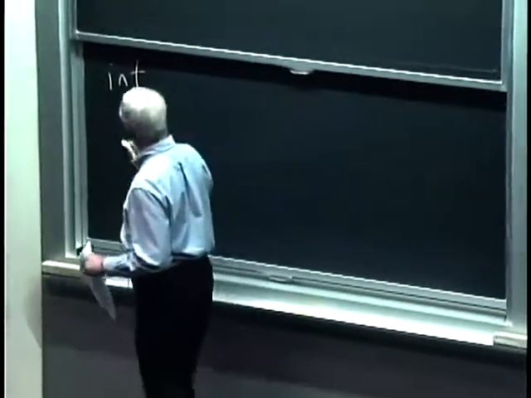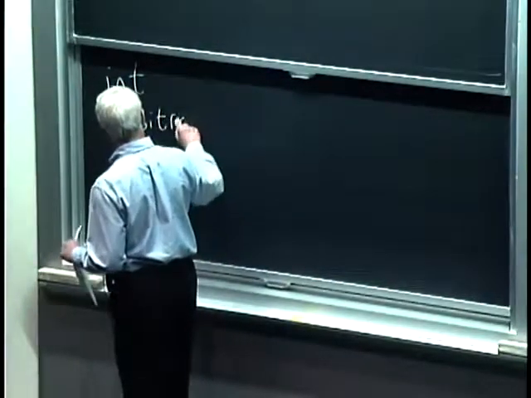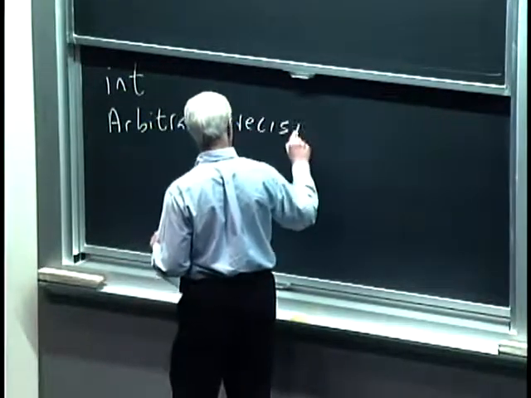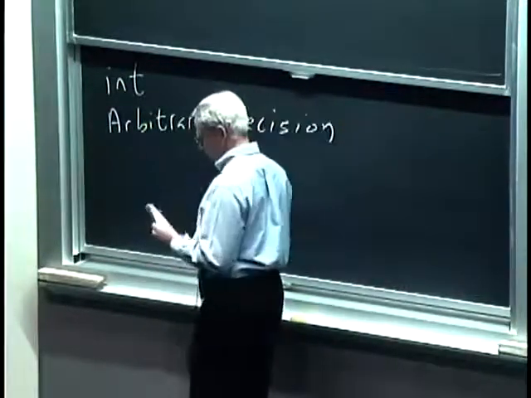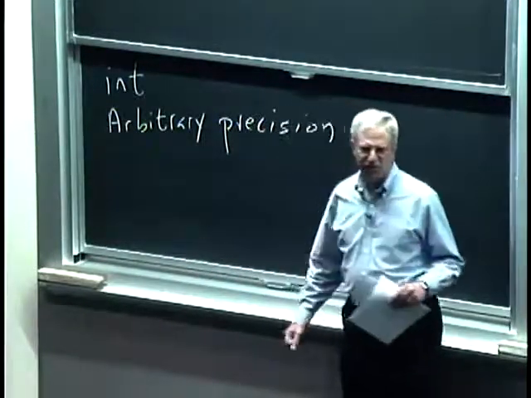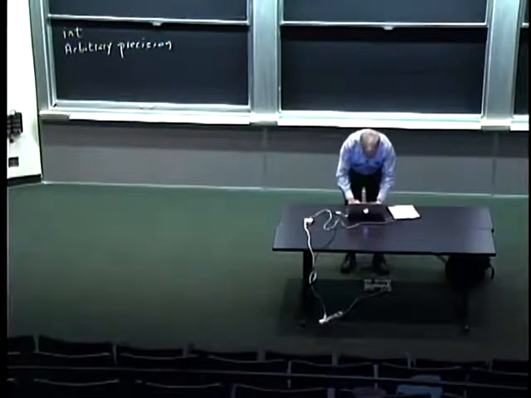Interestingly, Python, unlike some languages, has what are called arbitrary precision integers. By that, we mean you can make numbers as big as you want them to. Let's look at an example.